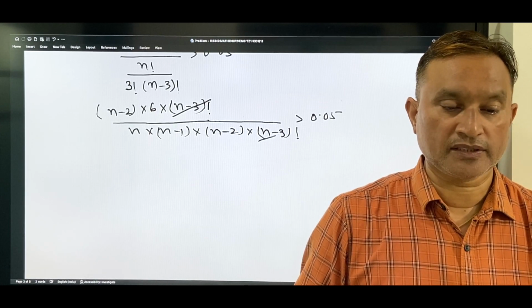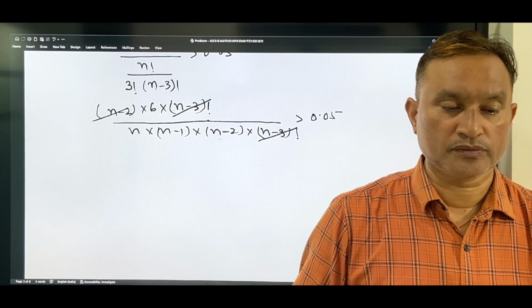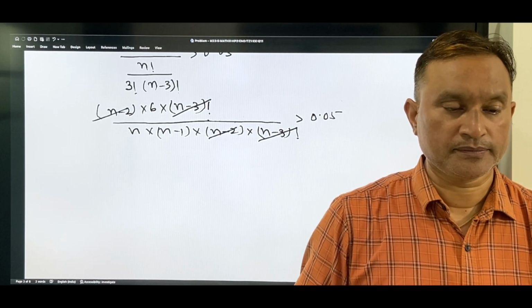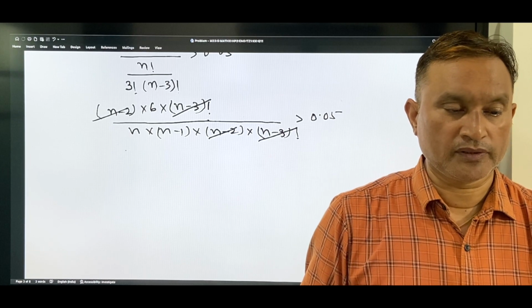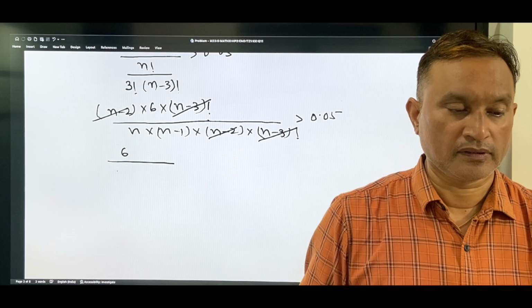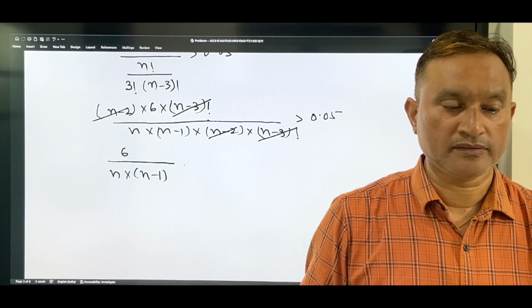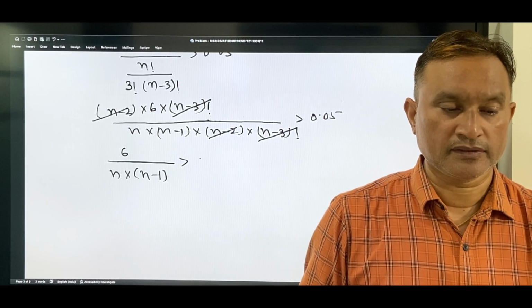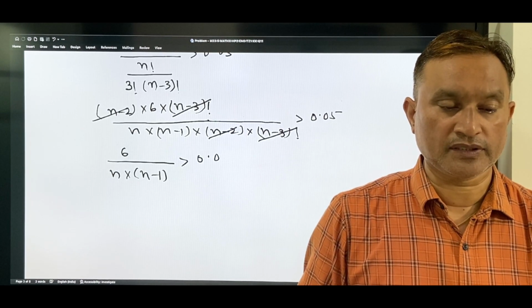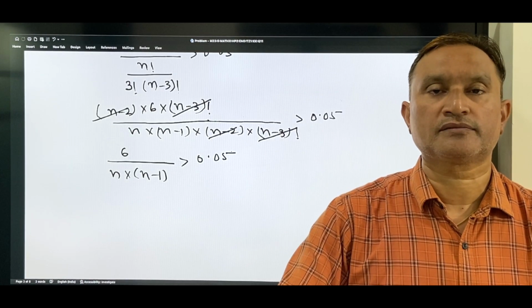Factorial n minus 3 cancels, n minus 2 cancels. We will be getting here 6 upon n into n minus 1 greater than 0.05. Now with the help of the calculator we will solve.